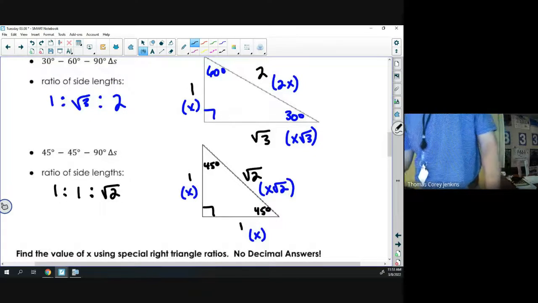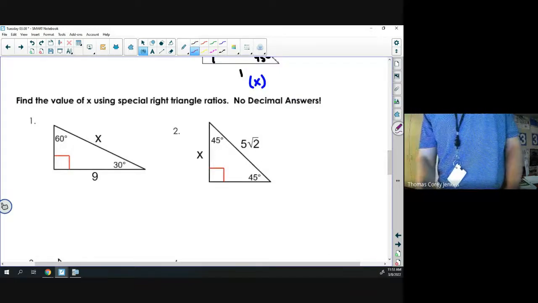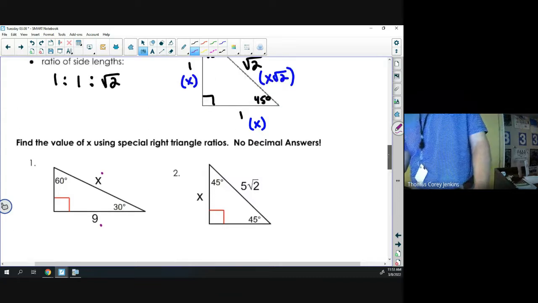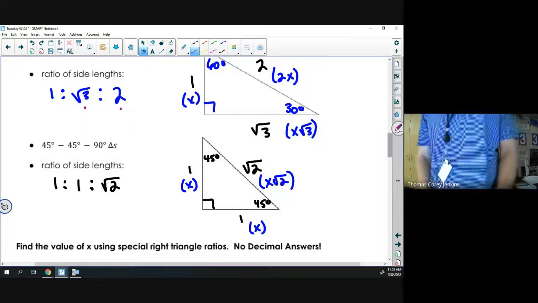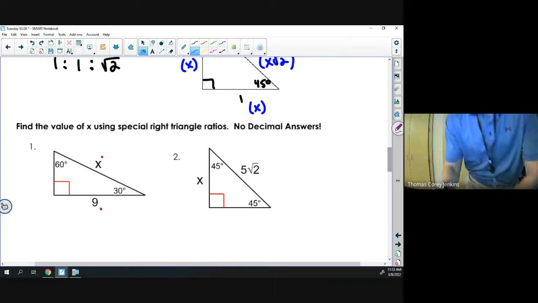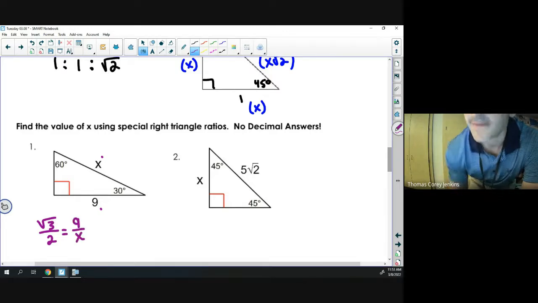So, which sides are we given? We're given the long leg and the hypotenuse, right? So when I go to set up my proportion, I want to make sure I do the long leg and the hypotenuse, right? So I can use those 2 sides as a ratio. So I can say like the square root of 3 goes with 2. Just like 9 goes with x.